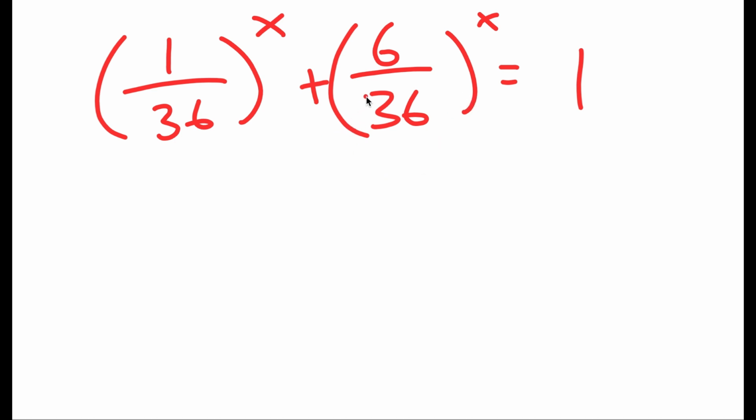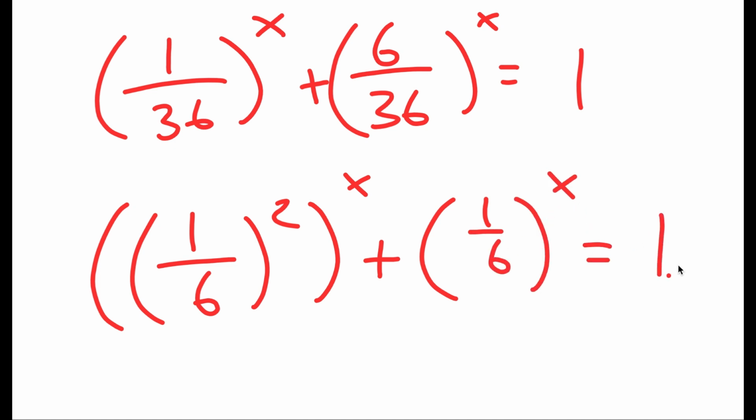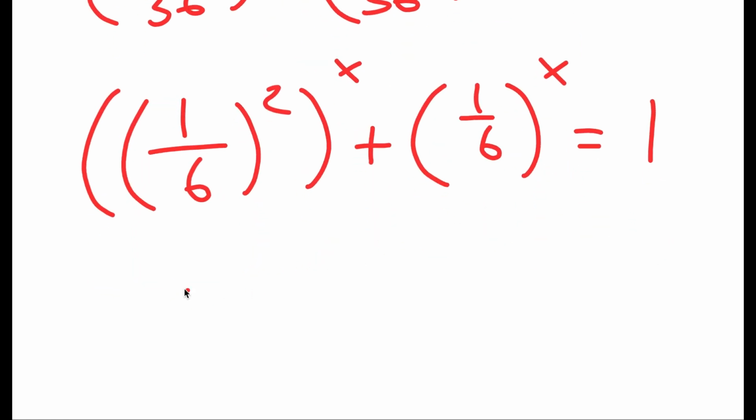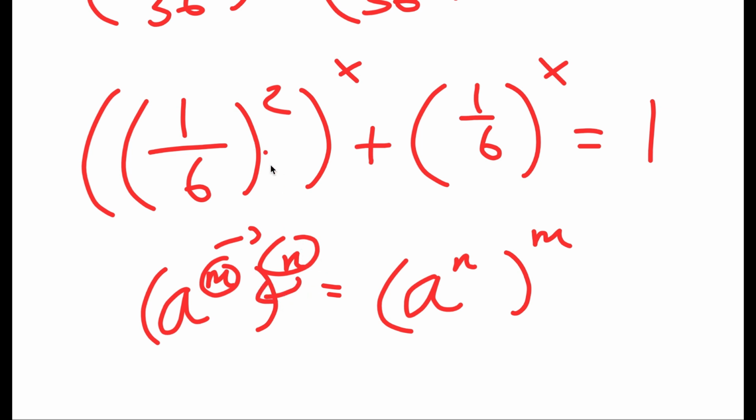Now, I'm going to rewrite 1 over 36 as 1 over 6 squared. And 6 over 36 I can simplify as 1 over 6. Now, if I have something in the form a to the power of m to the power of n, this is the same thing as a to the power of n to the power of m, meaning I can switch these exponents.